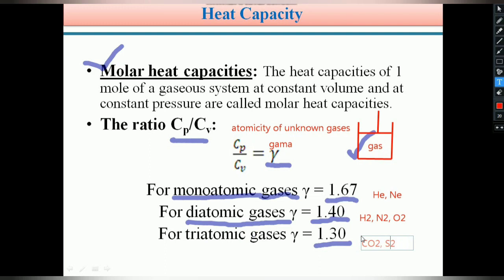In this manner, students, based on the Cp by Cv ratio, we can identify whether the unknown gas present in the cylinder is monoatomic, diatomic or triatomic. This is the advantage of heat capacity and specific heat capacities.